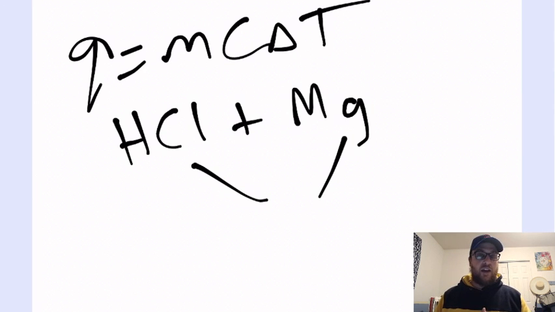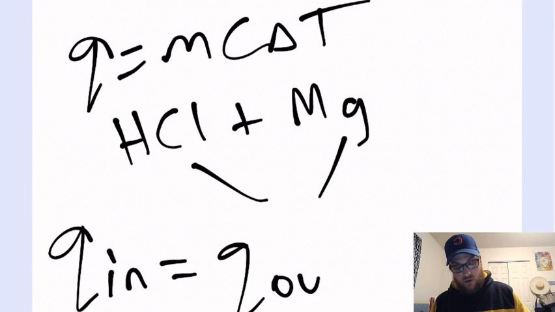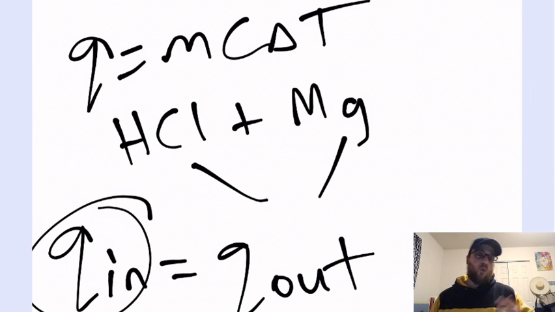A lot of times you'll see these where we mix a metal with water, and we're only concerned with the water because the heat from the metal is going into the water. So we just assume the Q in equals the Q out, and we only do the Q for the water.